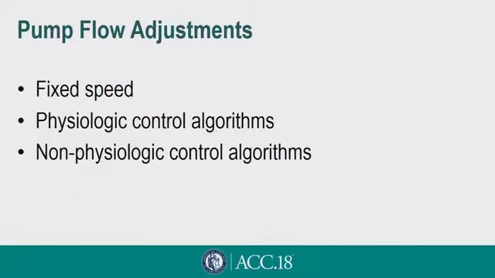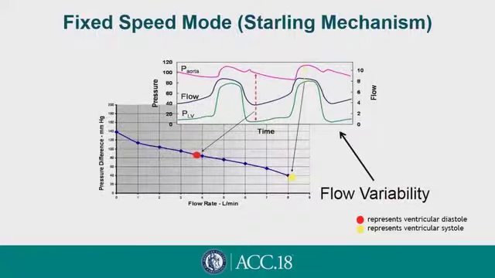Now, there are a number of ways of adjusting pump flow and a number of ways of operating the pump. There could be fixed speed operation, or you can base flow on physiological control algorithms or non-physiological control algorithms. And we know that in a fixed speed mode, the pump has hydrodynamic properties that allow a limited Frank-Starling mechanism.